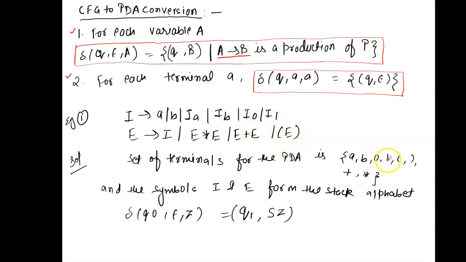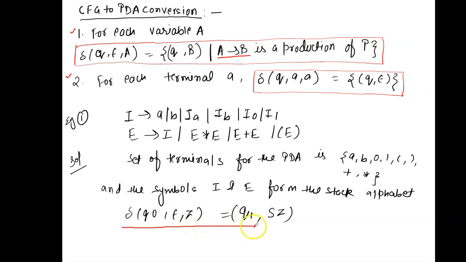So we have listed the non-terminals and terminals here. The non-terminals are I and E, and the terminals are the small letters a, b, digits, parentheses and the operators.